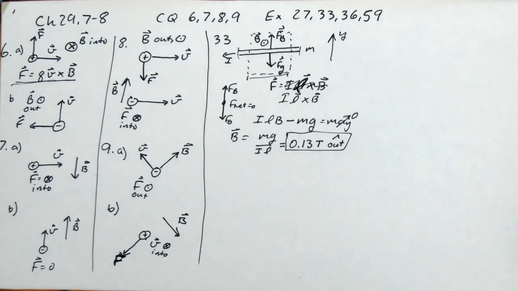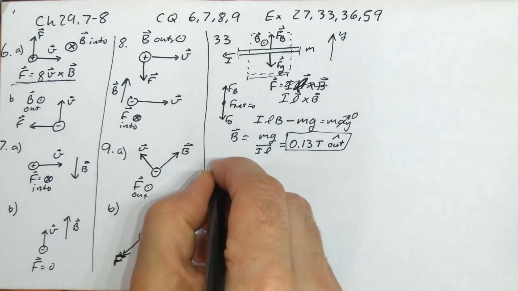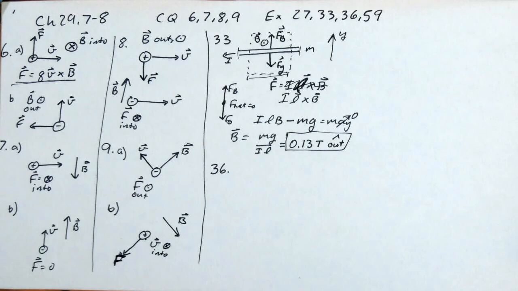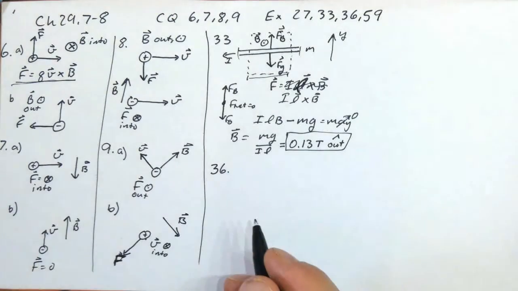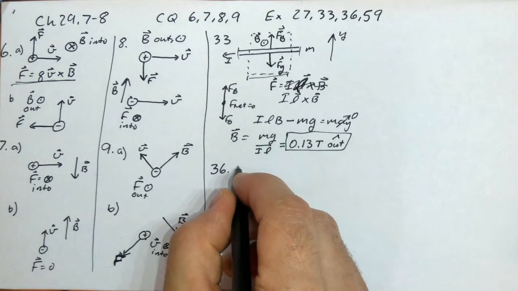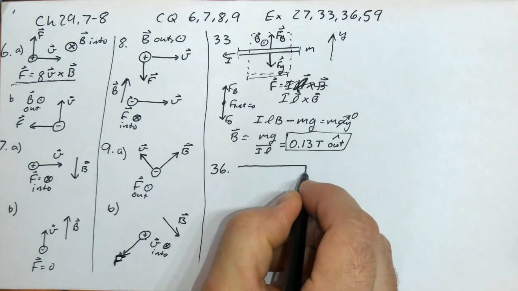Okay, let's look at 36 now. This is a good one to really be careful to focus on what's causing the field and what's feeling the force from the field. Okay, what's causing the magnetic field and what's feeling the force due to that magnetic field. So we have 3 wires.